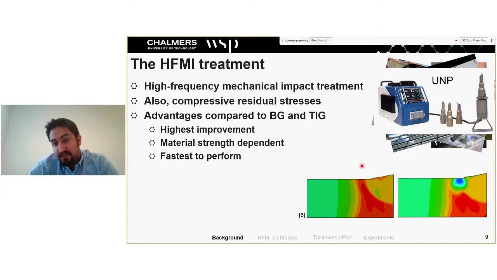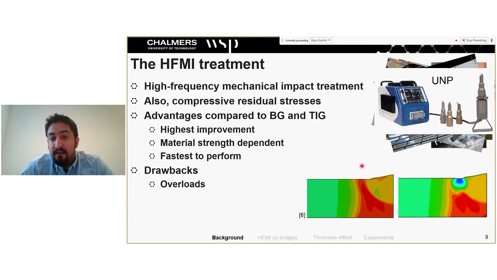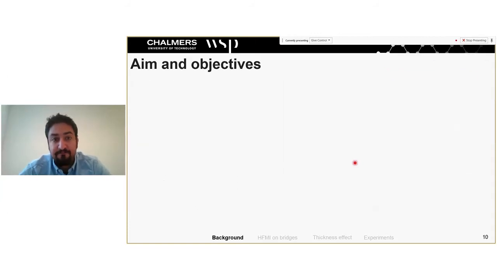It's at least as fast as welding or quicker, while the other methods can be slower. Some of the drawbacks are that these compressive residual stresses are sensitive to overloads that can occur, extreme loads that can remove the stresses, and with that also the benefits. And also the mean stress can be influencing the degree of improvement.